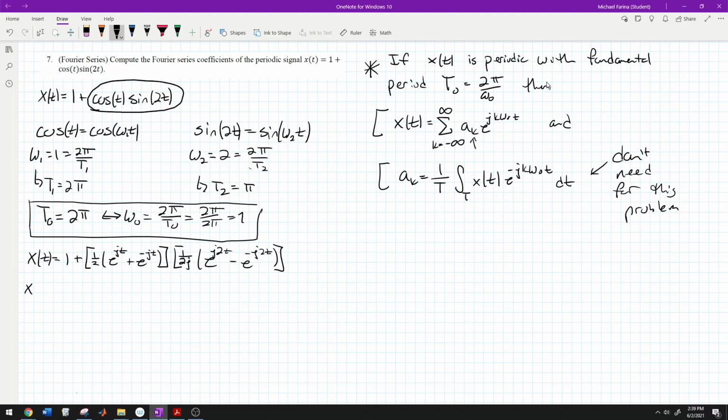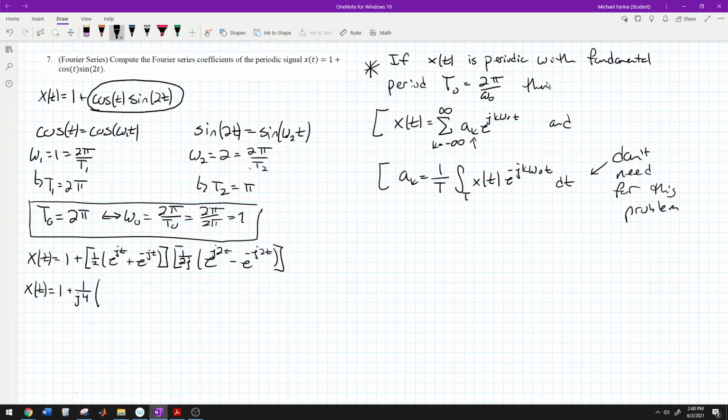And if we pull out the coefficients, 1 over 2 and 1 over 2j, we get that x of t is equal to 1 over j4. And now we have to do some multiplication.